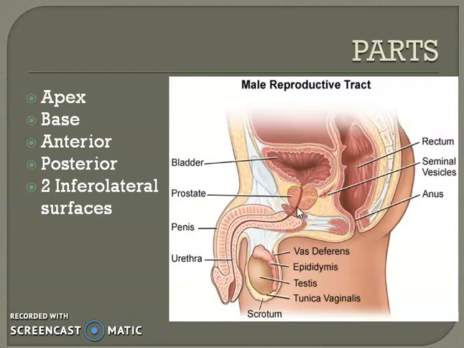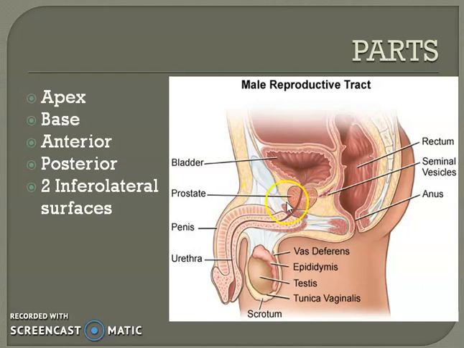The apex is directed below and comes in contact with the superior fascia of the urogenital diaphragm, which covers the deep surface of the sphincter urethrae and deep transverse perineal muscle. The base is directed above and surrounds the neck of the urinary bladder. It is pierced by the urethra in the median plane at the junction of the anterior 1/3 and posterior 2/3.